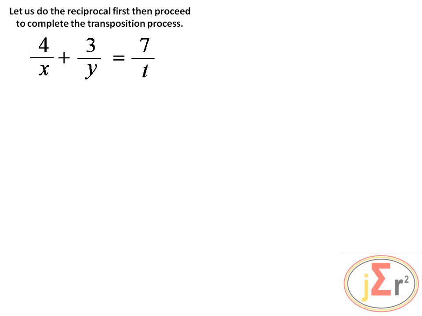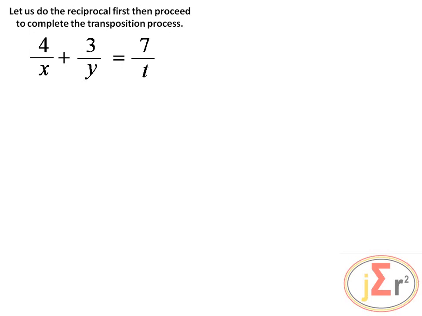But if that is the approach that we are taking with the intention to find the reciprocal, then since t is in the denominator, at some stage we will have to do the reciprocal. We are also taking a look at what will happen if we find the reciprocal of the fractions first, which is what we consider to be the incorrect way of doing it.